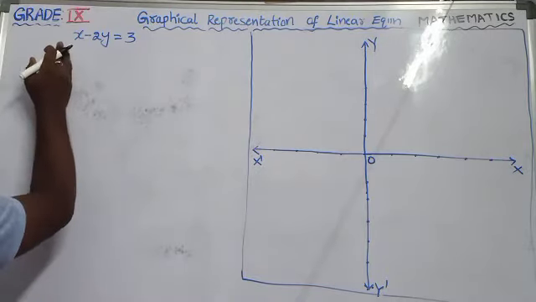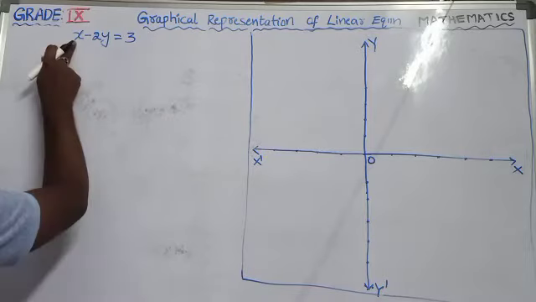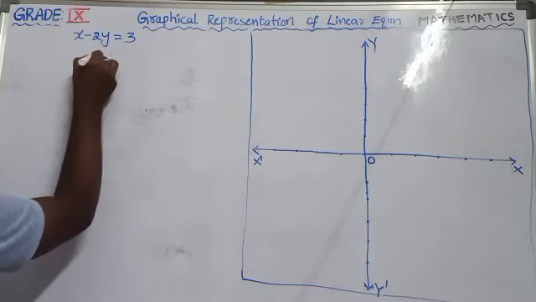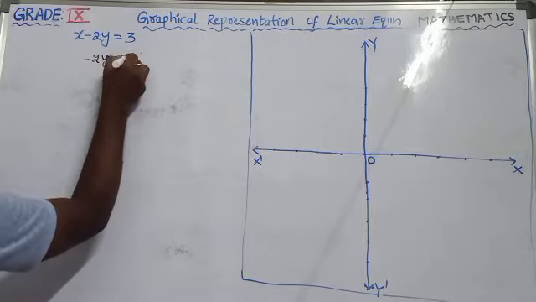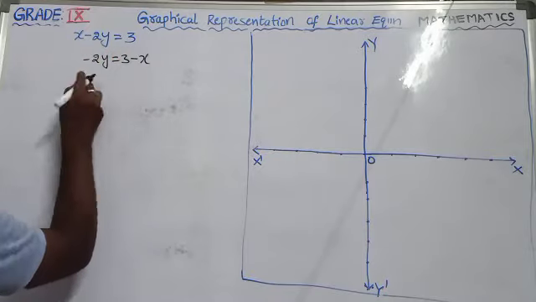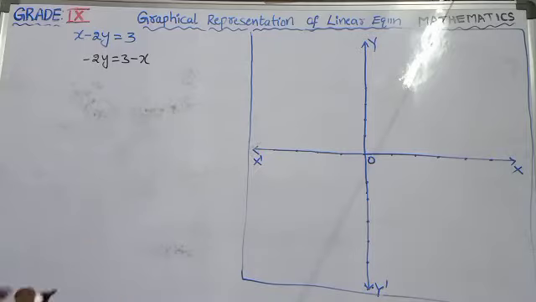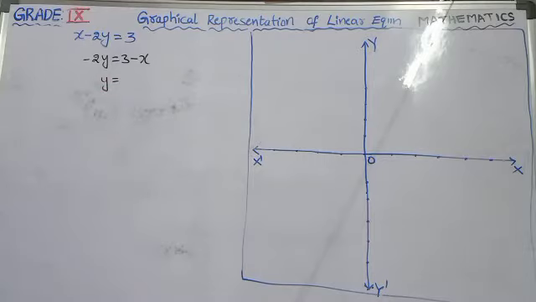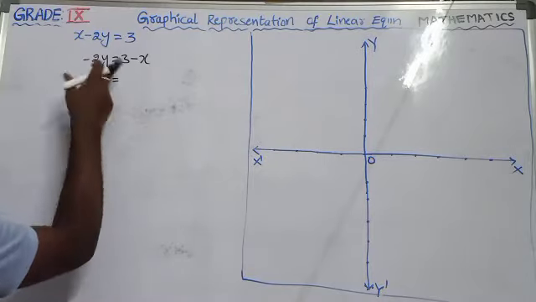How do we get that? By transposing the remaining terms. x is the other term, so we transpose x to the right side and we get 3 minus x, and here we have minus 2y. To get y in terms of x, we need to send minus 2 to the RHS.